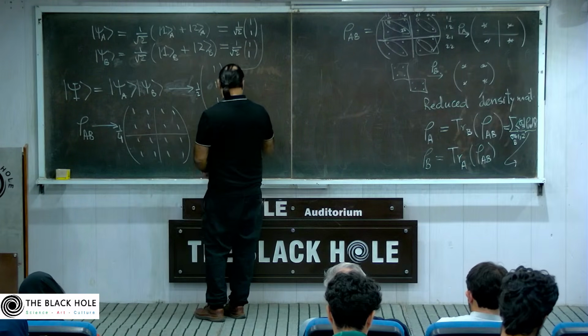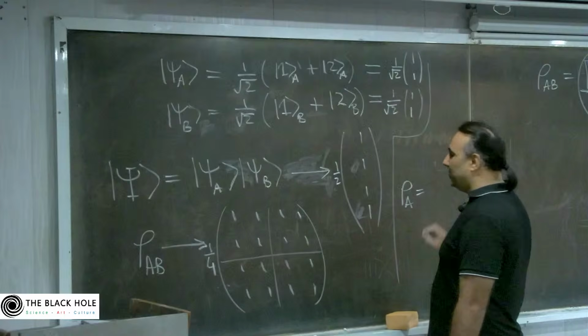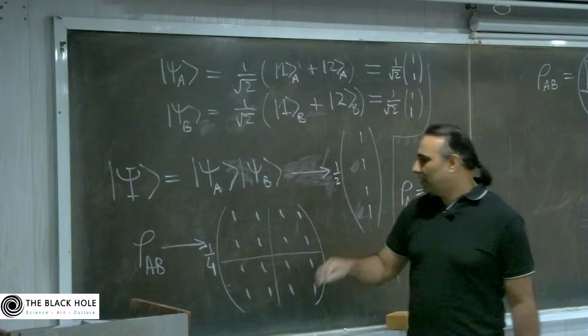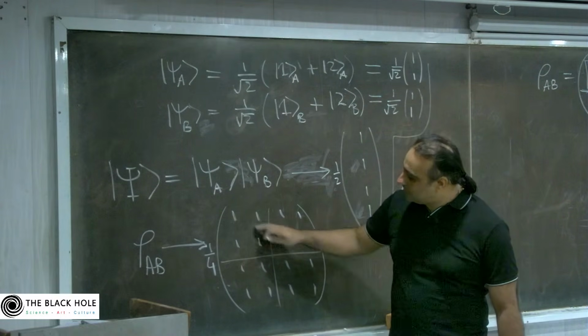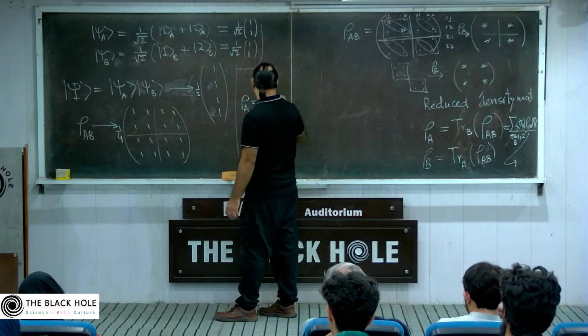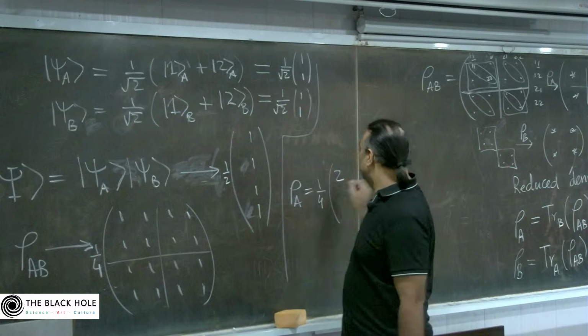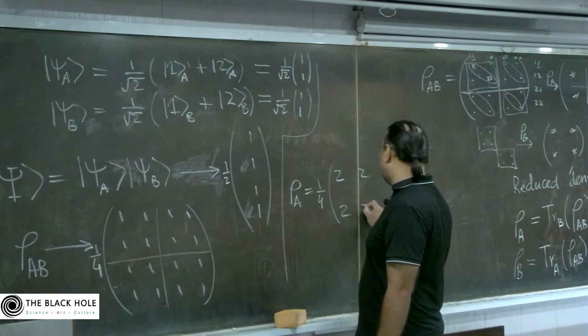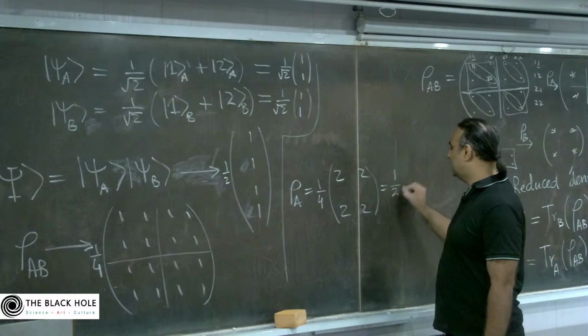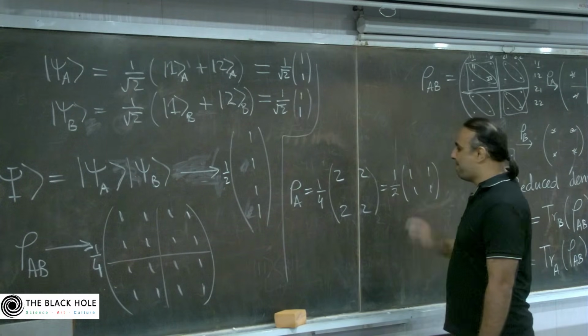And rho A, where we take the partial trace over B, would be like this, 1 by 4. Let's take the trace for this block. So this is like 2. Trace for this block, 2. And similarly 2, 2, which will be, take 2 common, and then it will be like 1, 1, 1, 1.